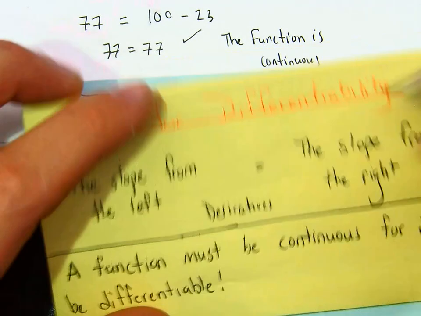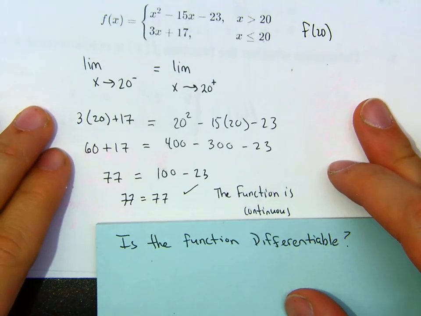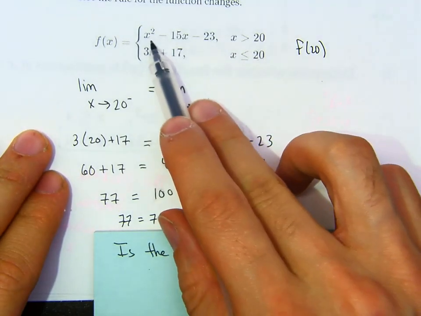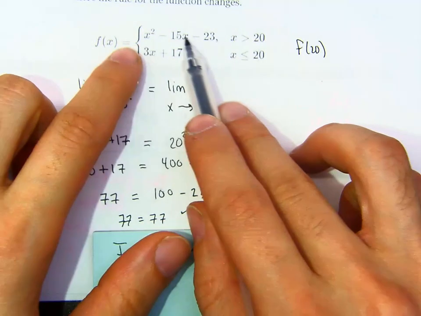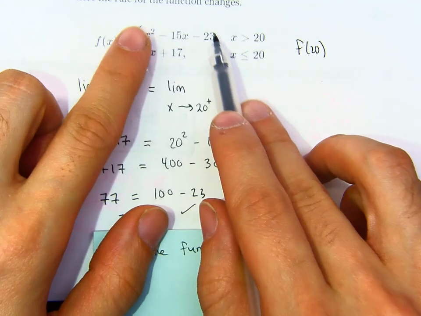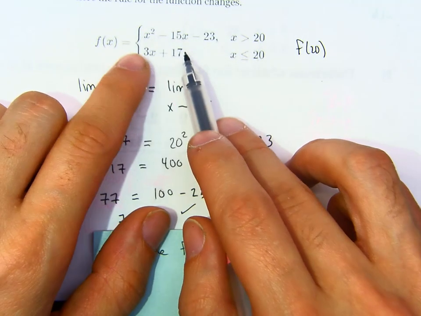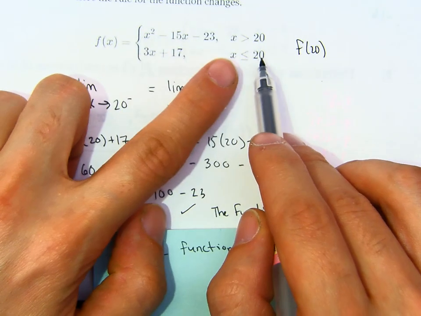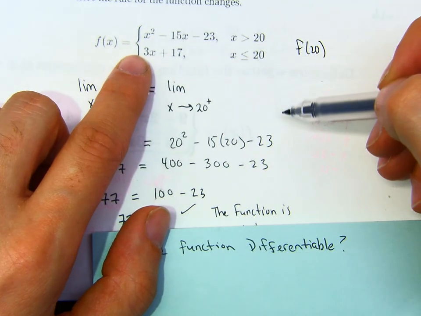What this is saying is that if you have this function over here, what is the slope of this function at 20? Well, what do you need to do? You need to take the derivative of this function and plug in 20 to get the slope. And we want to see if the slopes match at 20.